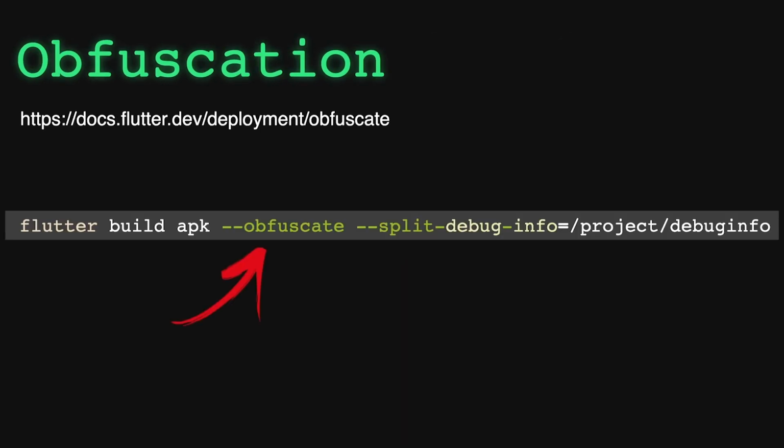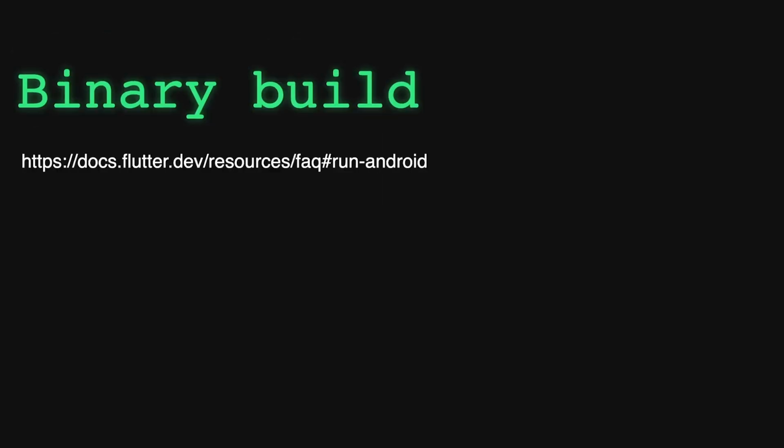So in Flutter, you get part of the solutions at least for free out of the box. For example, for obfuscation for an APK application in the command line, if you just pass --obfuscate, you will get your obfuscated application or code.